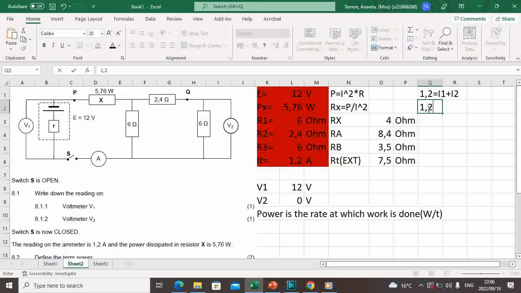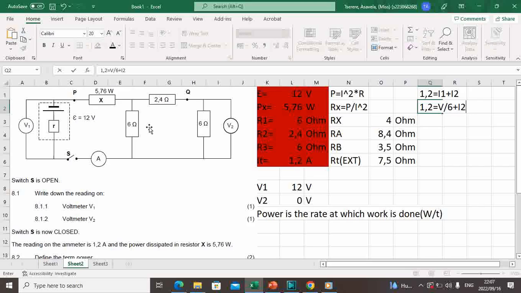Well, let's say 1.2 is equal to I1 plus I2, and I1 is voltage divided by, since this current flows in this resistor, we will use this resistor, which is 6 ohm. Now we have another unknown, which is V, the voltage across this resistor.